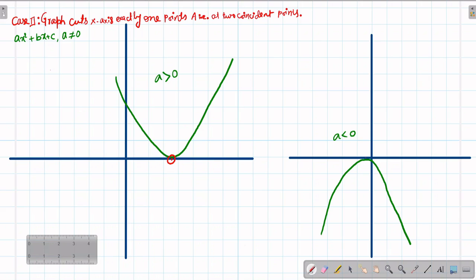Similarly, in this case, you are getting only this point. So what you can confirm here is that when for a quadratic polynomial the graph cuts the x-axis at exactly 1 point, then the number of zeros is equal to 1.